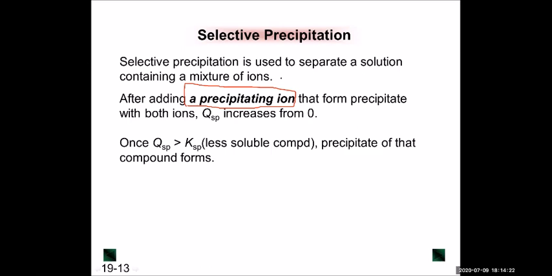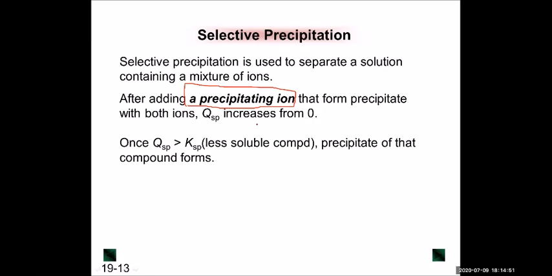The quotient, by the way, is calculated based on the ions in the mixture times the concentration of the precipitating ions. In the beginning, there are no precipitating ions, so the concentration is 0. Qsp equals 0 at the beginning. But as you add more precipitating agent, Qsp will start increasing from 0 to some bigger number.